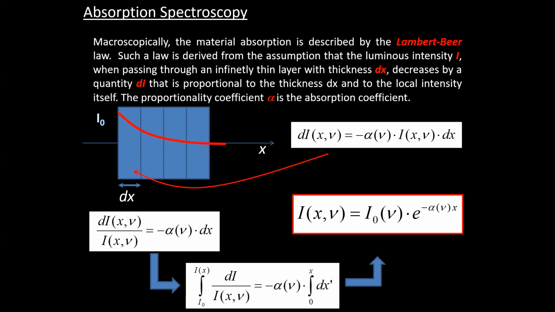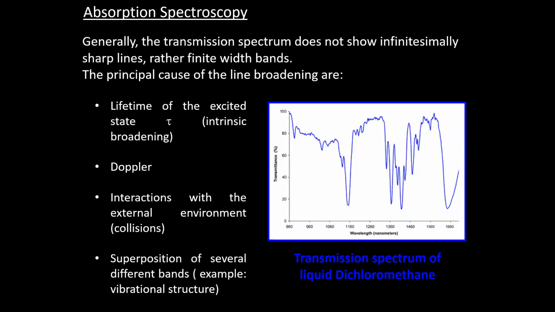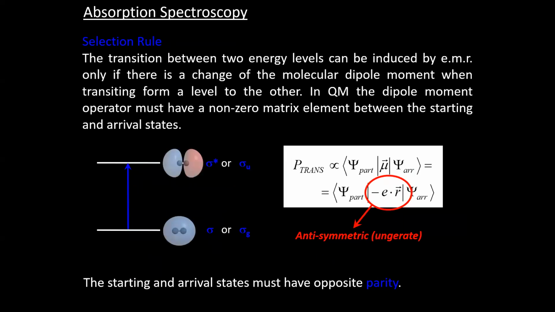We have seen that there are some selection rules that govern the transition between states, and in particular, there are three strong rules. If you want to excite a molecule by means of light, the energy of the photons must be equal to the difference of the energies of the starting and arrival states.